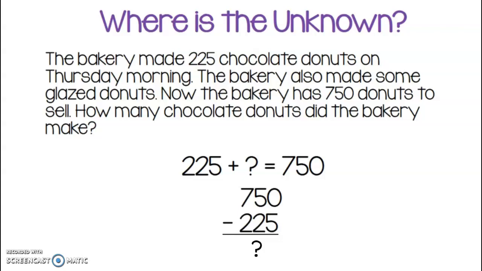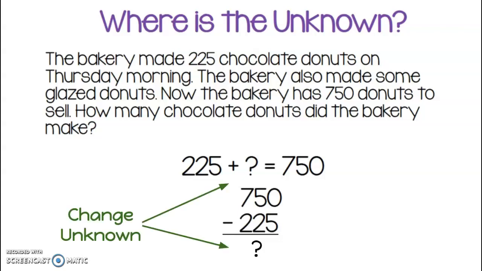Now, when we subtract, the answer is the number of glazed donuts, which is the change unknown in this problem. This can sometimes be confusing because this is an addition problem situation, but we need to subtract to find the missing part. We had to use subtraction in order to find the answer to our addition problem.